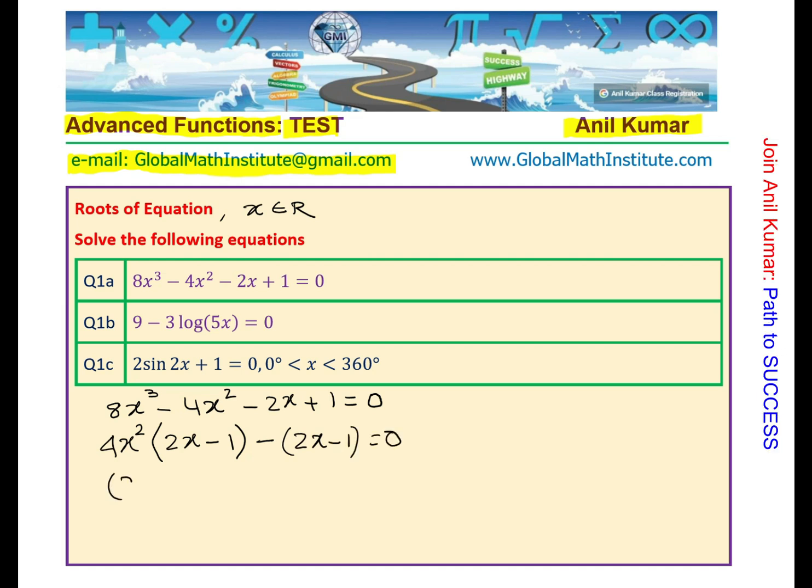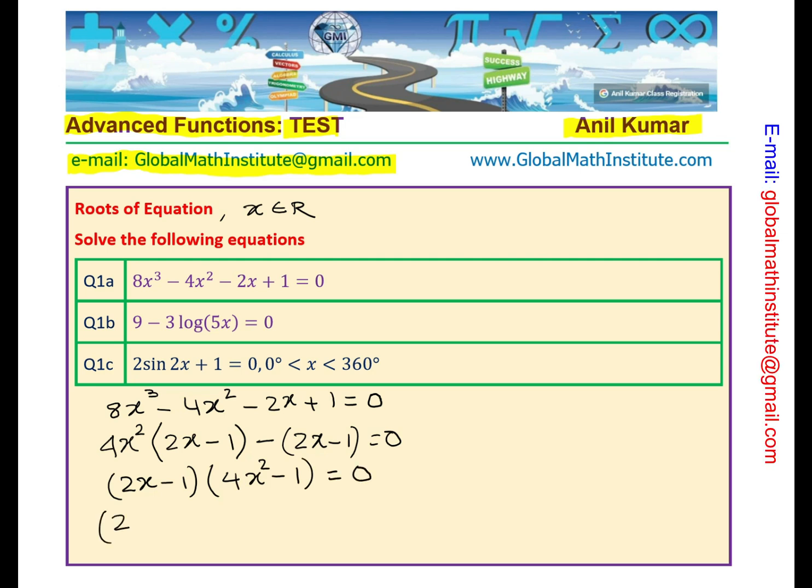So 2x minus 1 becomes a common factor, and we get 4x squared minus 1 equals 0. You can further factor 4x squared minus 1 as a difference of squares. So you get 2x minus 1 times 2x plus 1 equals 0. Once we have a factored form, it is very easy to write down the roots.